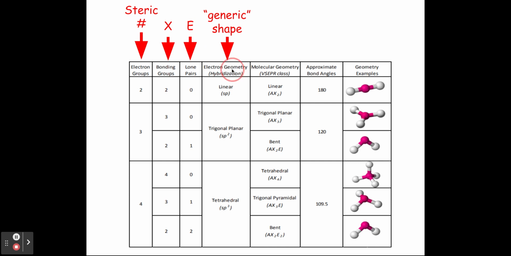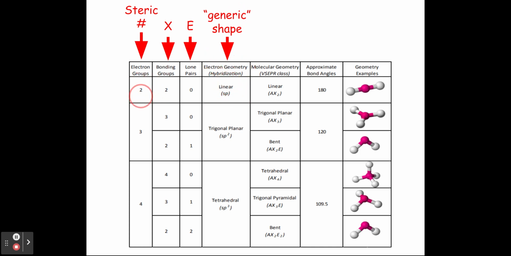This is your generic shape. This means that what's referred to as generic shape is the shape that any molecule has according to the total number of electron groups. So whatever the steric number is, that is going to dictate this generic shape, this electron geometry.